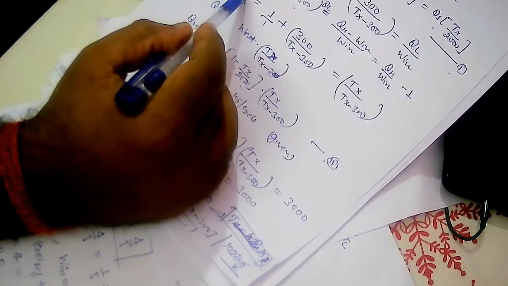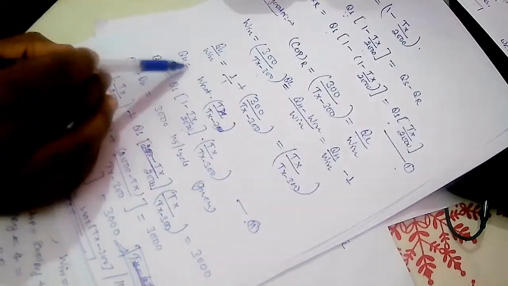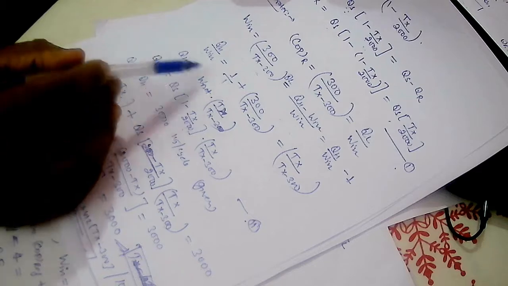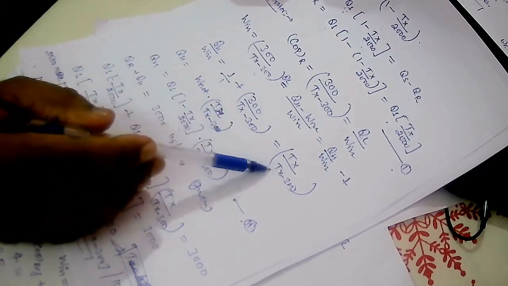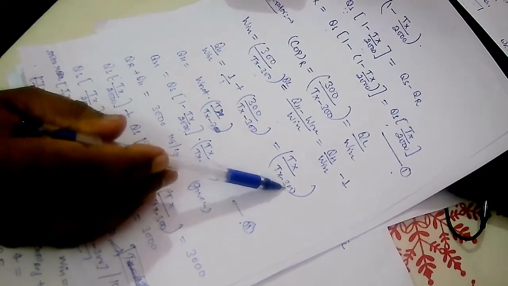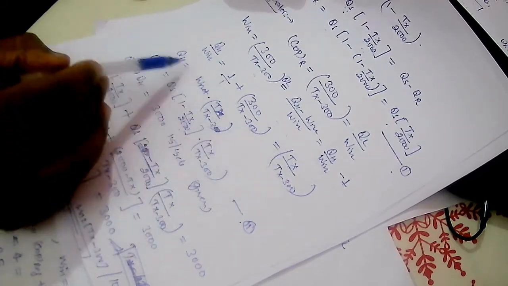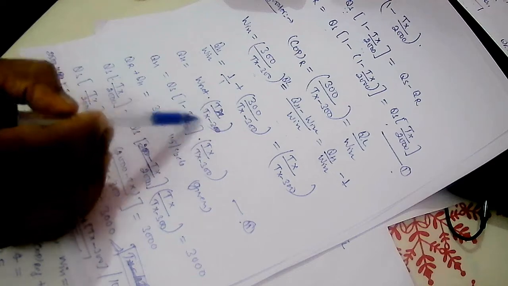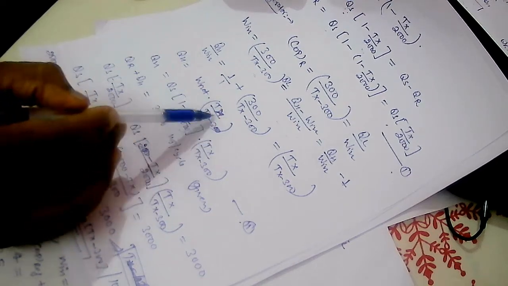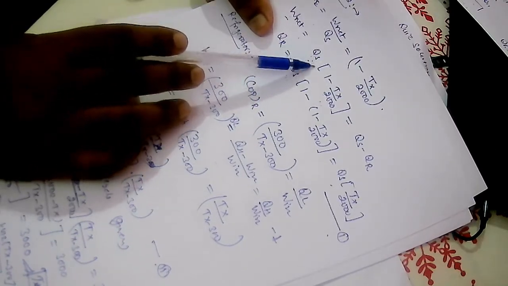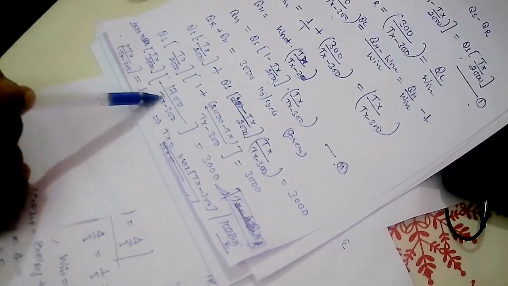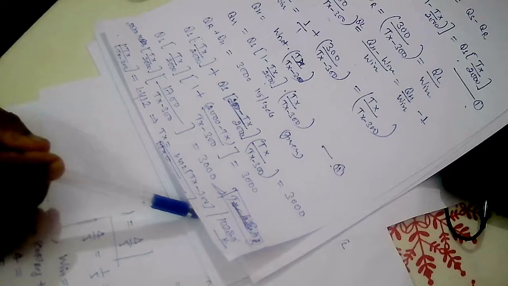Then you got QH by Wn equal to 1 plus 300 by Tx minus 300, that is Tx by Tx minus 300. So from here you express QH in terms of W net. Then you substitute the value of W net from the first equation here, rearrange the terms, and finally you come to this solution, that is 1028.